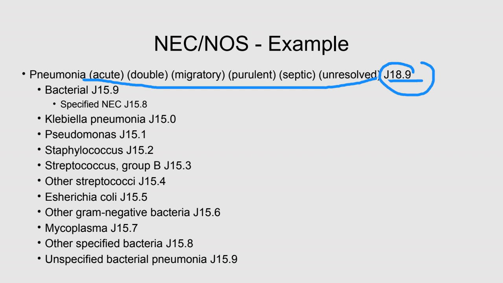If you look under the index entry for pneumonia, there's a long list of specific types. You've got bacteria, Coxsackie virus, Klebsiella, Escherichia, all kinds of different, very specific types. If you have documentation of any of those, you're not going to use J18.9, you're going to use the most specific code possible. That's what you want to do.